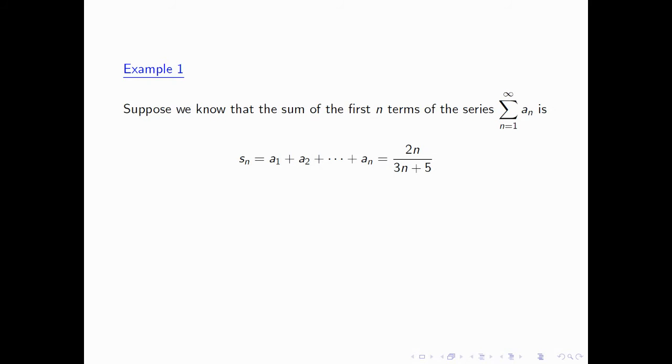Okay, let's look at an example. Suppose that we know that the sum of the first n terms of the series, the sum from 1 to infinity of an, Sn equals a1 plus a2 plus up to an, is 2n divided by 3n plus 5.